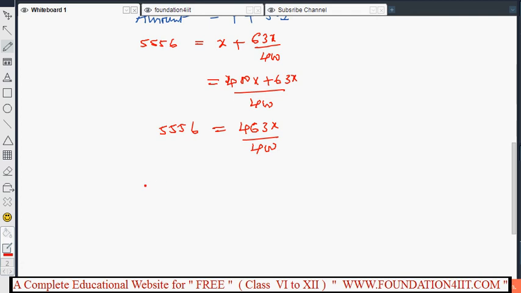Now from this x is equal to, because x is nothing but the principal, 5556 into 400 by 463 reciprocal. So by cancellation, you will get exactly 4800.